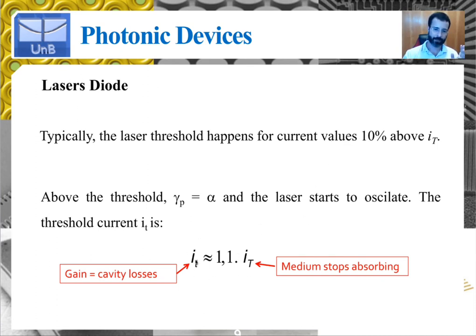Therefore, we can write that approximately the threshold current, I lowercase t, is around 1.1 times I capital T. This is the transparency current, and this is the threshold current. Okay, so this is typically what happens.